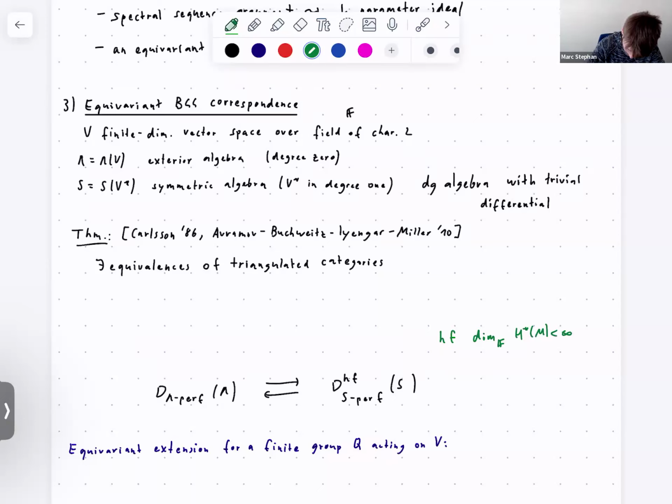And I wrote here S-perfect, so it should be lying in the thick subcategory generated by S inside the derived category of all DG modules.